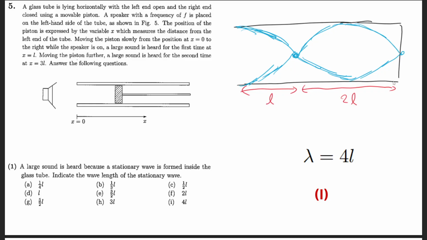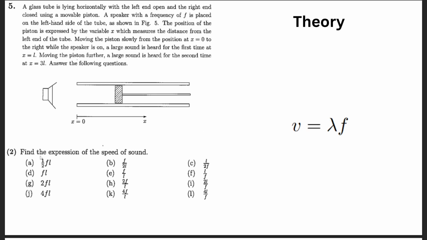So at 3L it is 2L apart from L, so the second node is here, and from here to here is 1 lemon, so 1 lemon is 2L, and since the wavelength is defined by 2 lemons, we just multiply 2L by 2, that is 4L, so the answer is I.